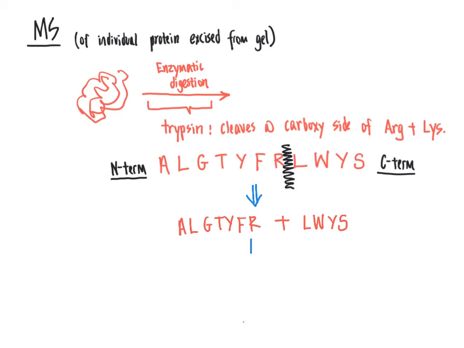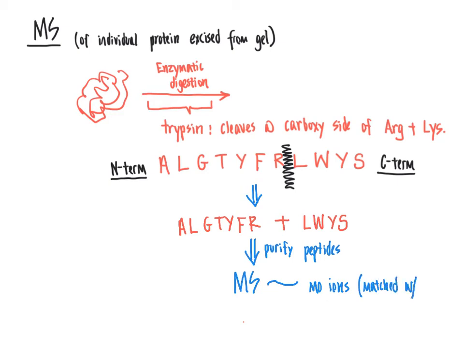So after that trypsin digest, generally what happens is that these peptide fragments are purified, and then they're subjected to mass spectrometry, and the mass spectrometry will give the molecular ions, and those molecular ions can be matched with amino acid sequences that correspond to those particular molecular ions.